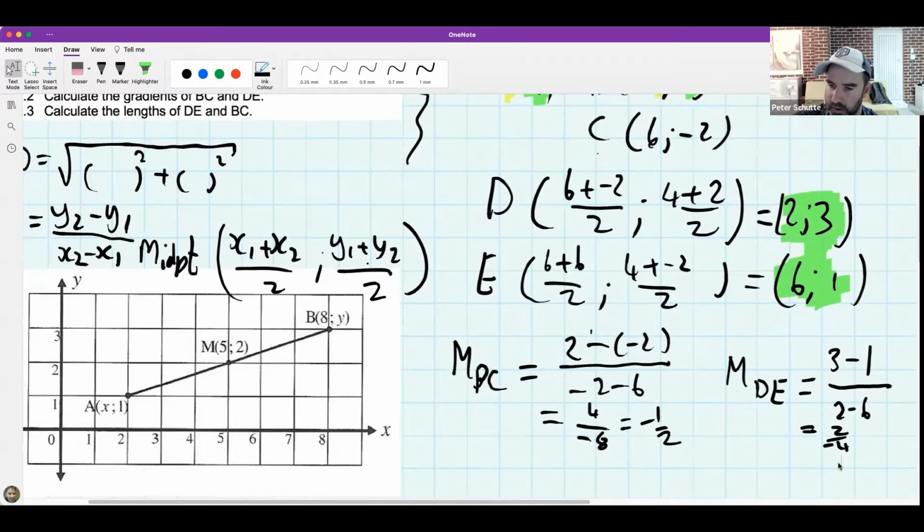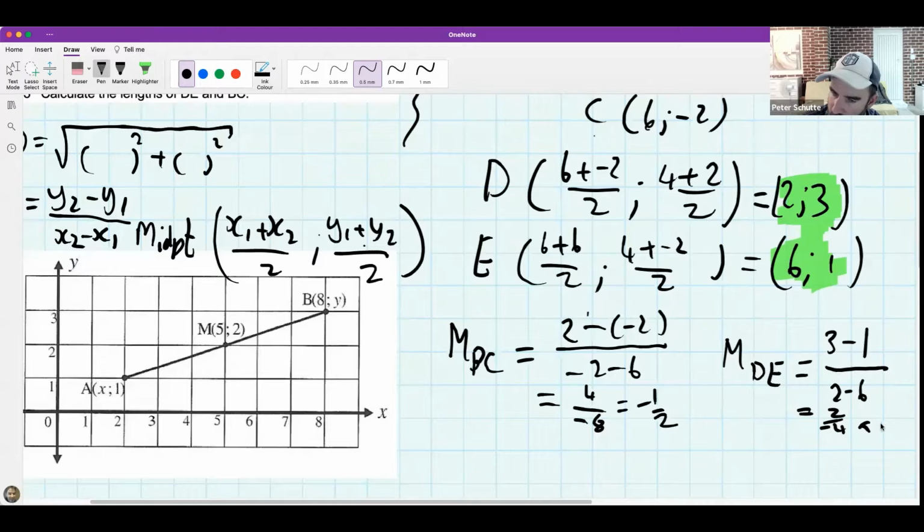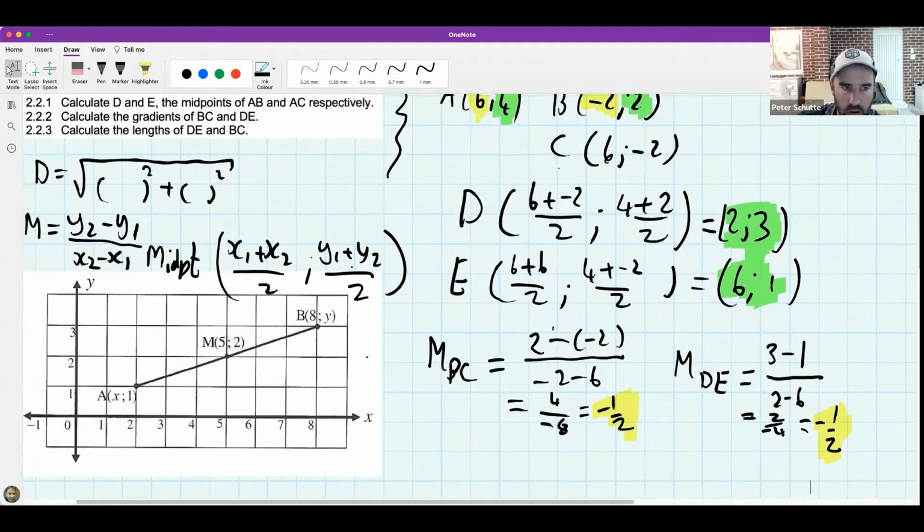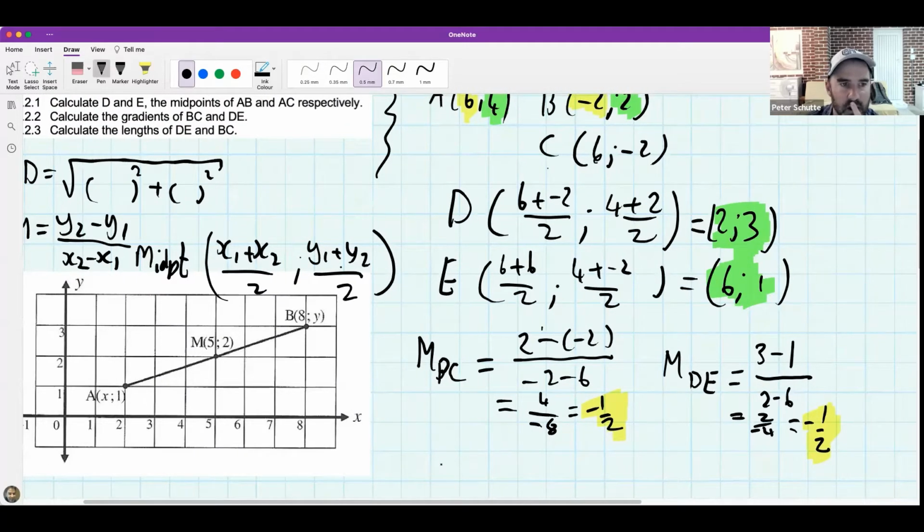Let's probably make this a bit bigger. I'm running out of real estate here. Minus a half. Zoom right in.